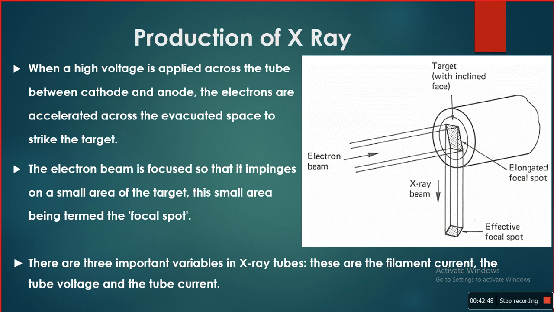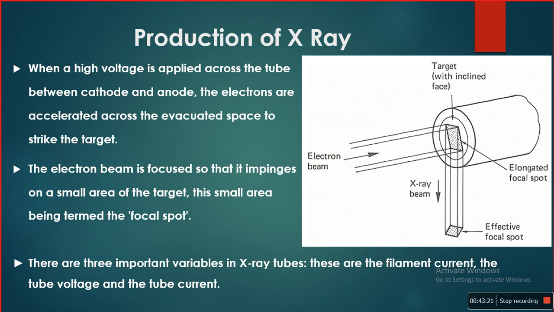If you consider the tube voltage, increased tube voltage increases the potential difference between the cathode and anode and ultimately will increase the energy of the electron beam, and hence it will increase the energy and penetrating power of the X-ray beam which is produced.